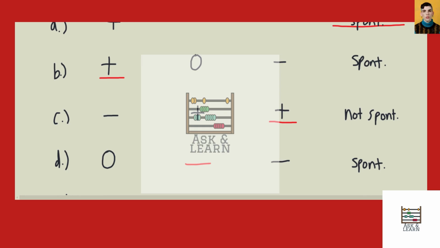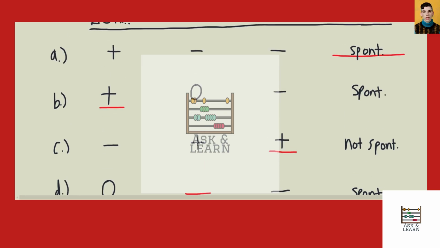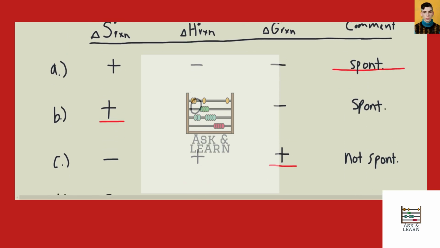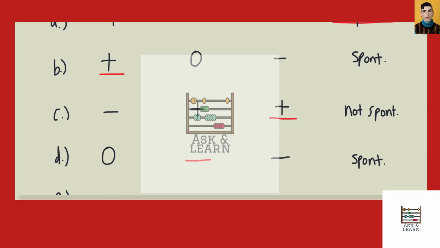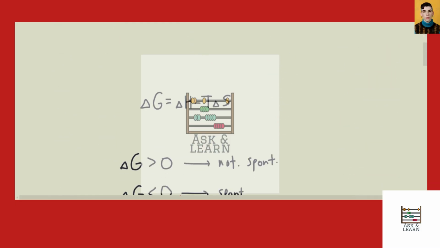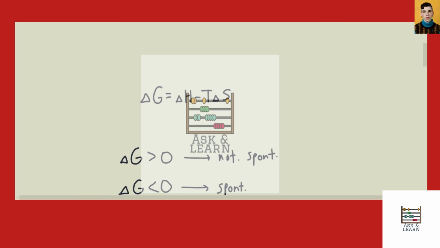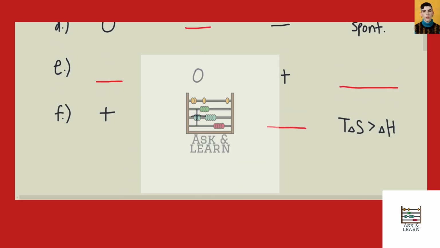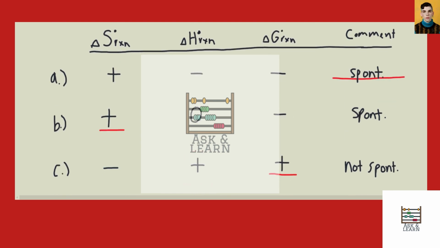In part D, we are told that delta S is 0 and delta G is negative. So delta S is 0, which means T delta S is 0. And delta G is negative.